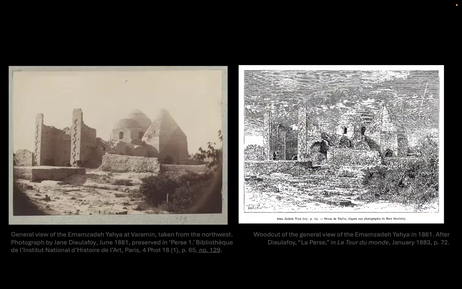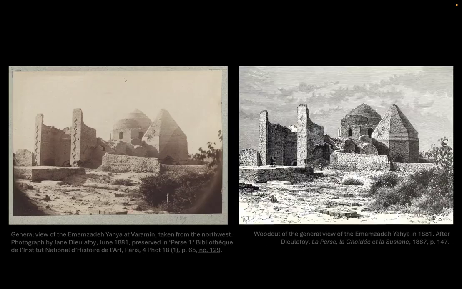Dieulafoy's visual and textual records of the site have long served as the principal points of reference in discussions of the shrine. However, her original photograph was not widely known until it was digitized in 2021. Instead, the aforementioned woodcut version, published in 1883 and later 1887, circulated widely and became more accessible to scholars.